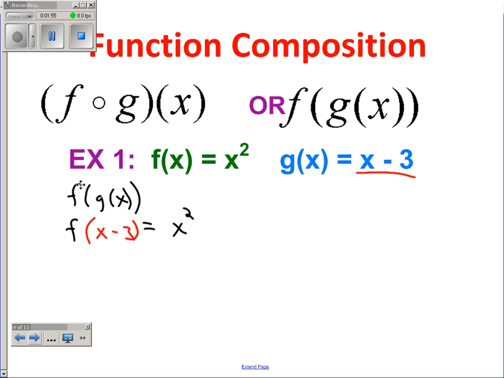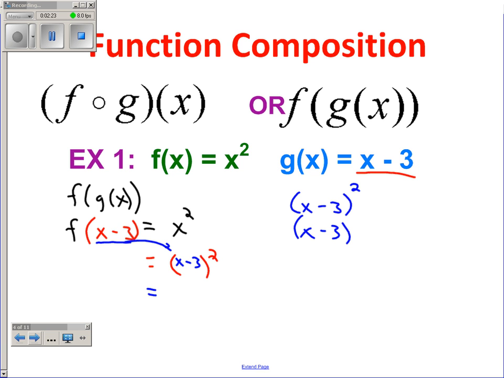So now what I want to do is take the x out and put in parentheses in its spot. So I'm going to do parentheses squared. And what's going to go in my parentheses is the same thing that I have in parentheses here. I'm just going to put it down here, x minus 3. Now we need to do our algebra 1. So I'm going to come over to the side and I'm going to do x minus 3 squared.